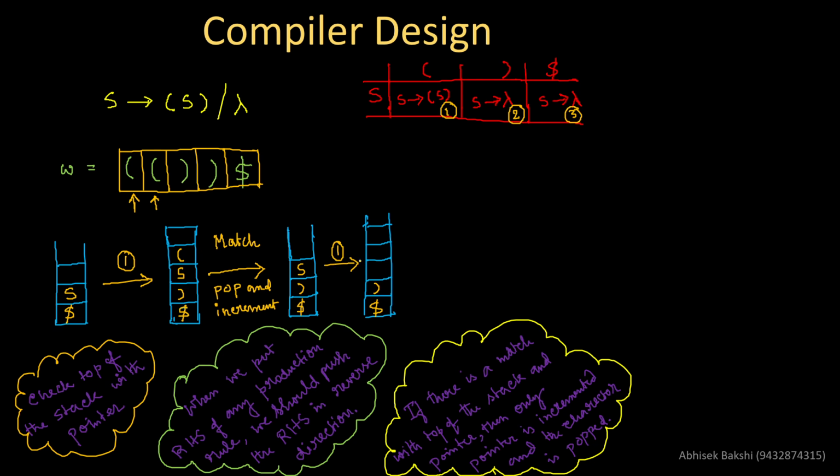That means again it will come as S, closing brace, opening brace, and then I will see that again the top of the stack has a match with this pointer head. So there is again a match. So naturally again pop and increment. So as a result, I will have a scenario something like this.